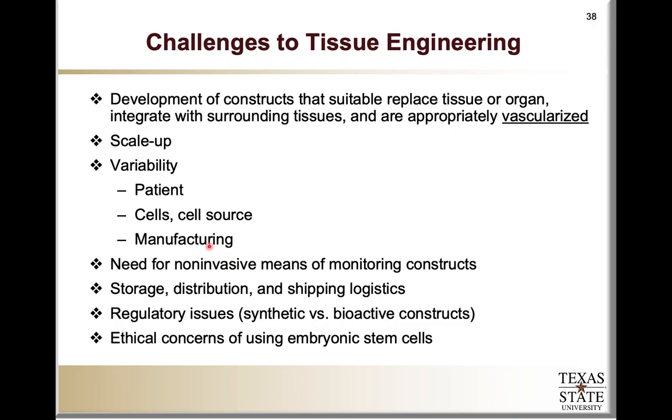And there's a lot of variability in the manufacturing of these scaffolds as well. There are also difficulties with the storage, the distribution, and the shipping logistics of such materials. And there are a lot of regulatory issues and ethical concerns with the use of some of the embryonic stem cells, of course.